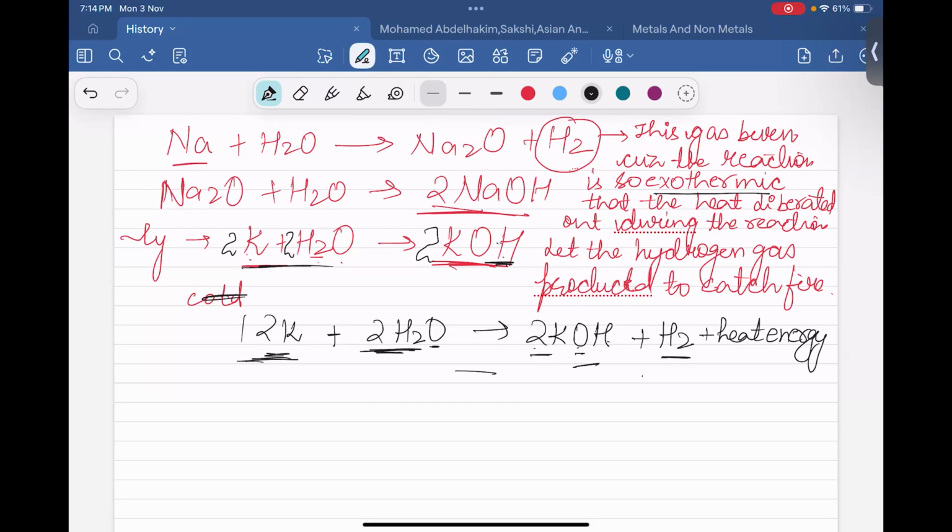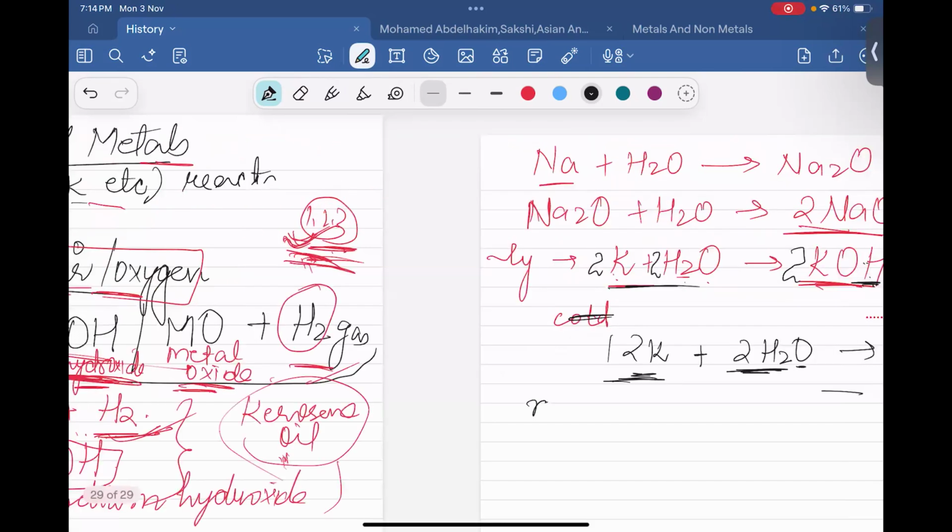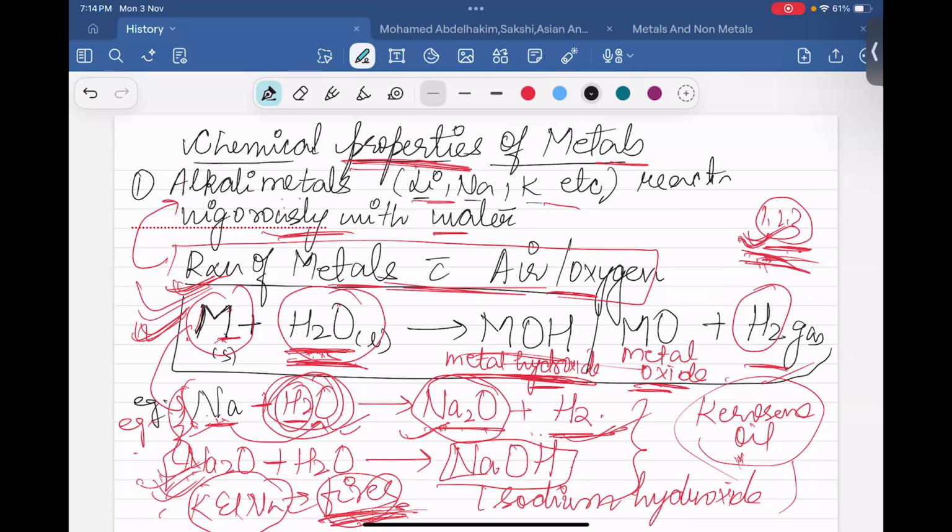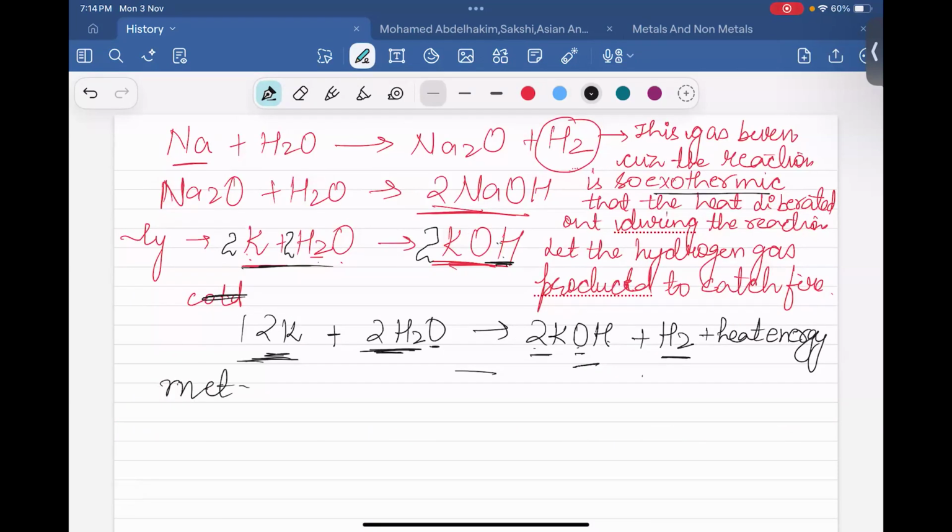Now if we react metal with oxygen, then when metal reacts with oxygen, there is a formation of metal oxide.